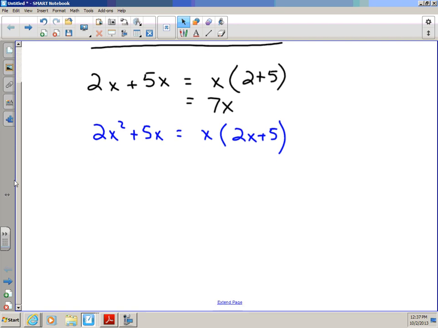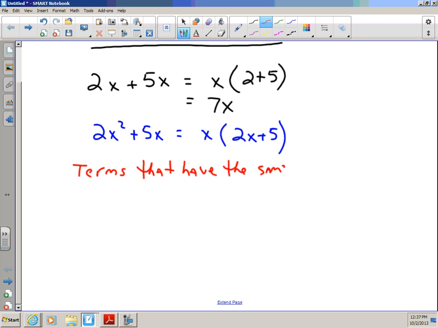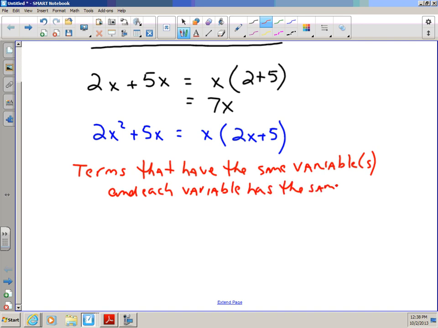So the way to look at like terms is that they are terms that have the same variable or variables, and each variable has the same exponent as its matching partner.